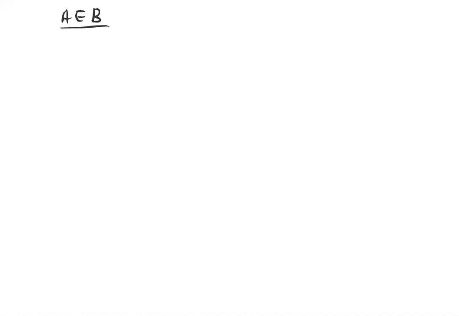If A is a subset of B, then we can already have a lot of cases. If the length of A is equal to 1, we have some cases to consider. If we have these 5 numbers, we can choose one of them and make it A. How many choices do we have for B?